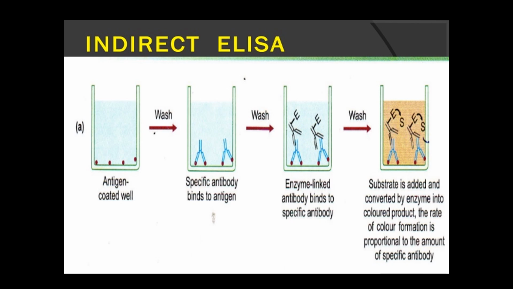Then we add an enzyme-linked antibody, also specific, and finally add a substrate which leads to the production of a colored product. This colored product formed will be proportional to the amount of specific antibody present in the patient's plasma.